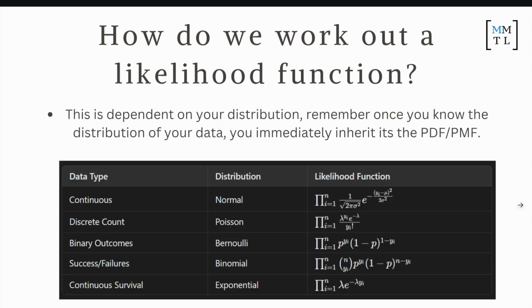And then how do we work out our likelihood function? This is one of the first steps for MLE, and it's completely dependent on your distribution, right? You just need to know the PDF or the PMF, and you would know this based on the distribution of your data. So this very useful ChatGPT-generated graph has all the likelihood functions for whatever distribution you're looking at.